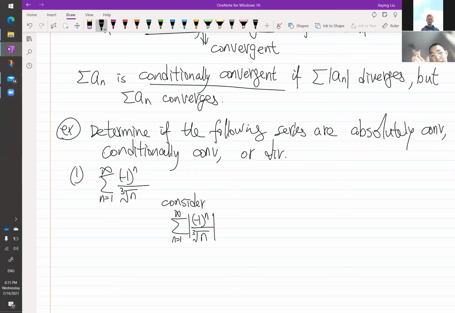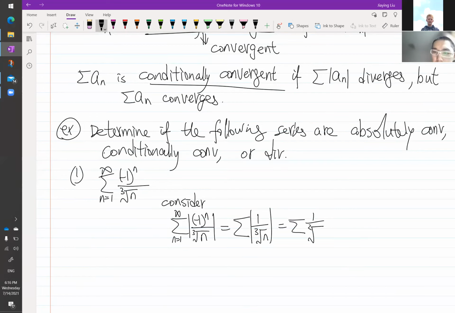If I add absolute value there, the (-1)^n will always become +1. So we don't have an alternating series. We just have 1 over cube root of n in absolute value sign. But we know n is positive, it's 1, 2, 3, 4. Cube root of a positive number is always positive, so we can drop the absolute value sign completely.